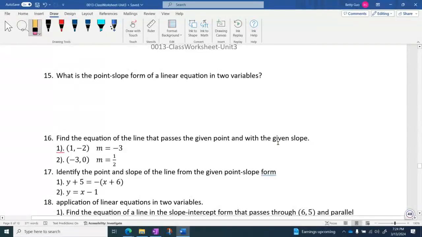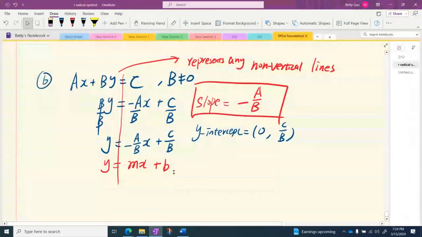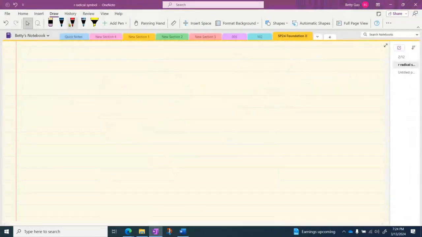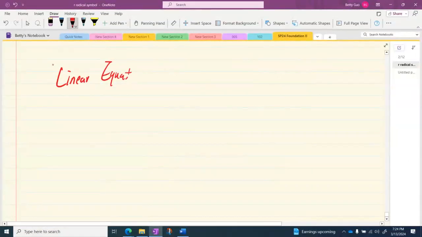Remember, I mentioned there are three forms for linear equations in two variables in this chapter.